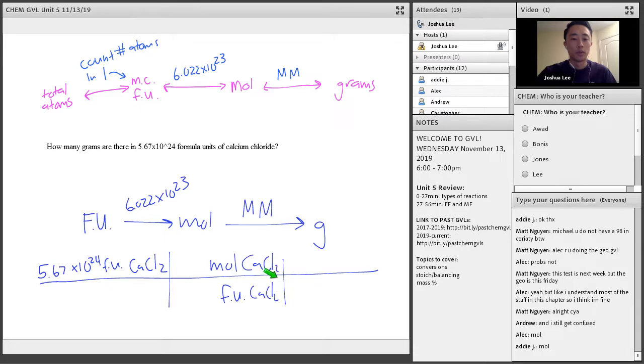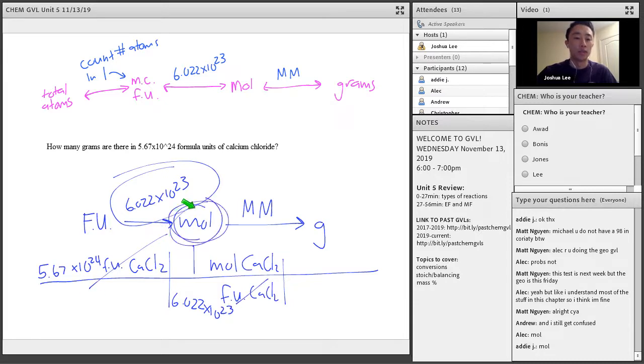Since Mr. Mole is by himself right now, he could get his favorite number 1. And hey, look, I'm going between formula units and moles, so I have to use Avogadro's number. So now my formula units cancels out. I'm at Mr. Mole's house. I'm stuck here.